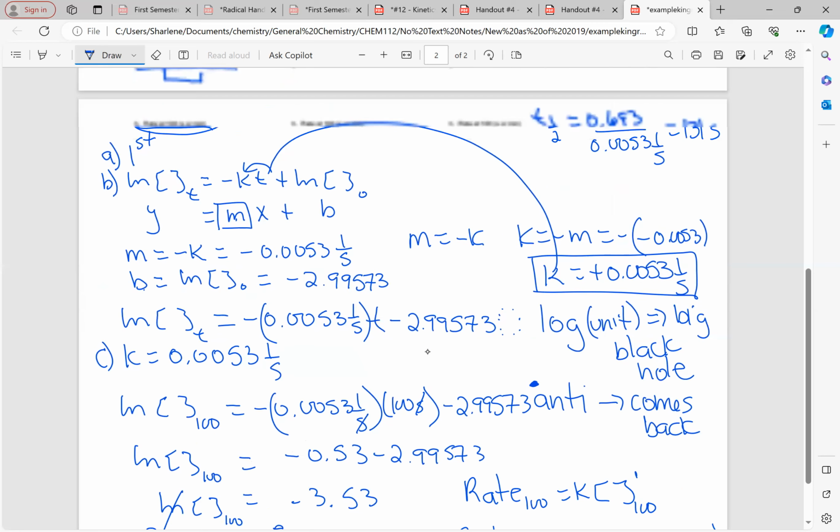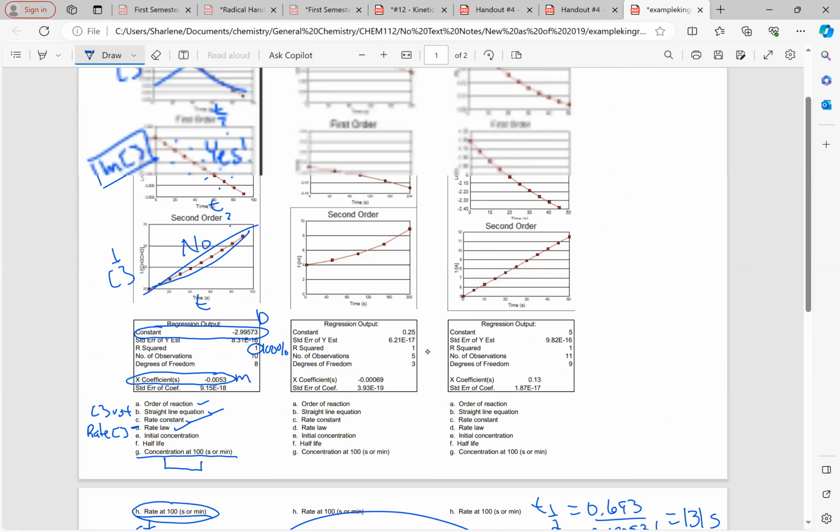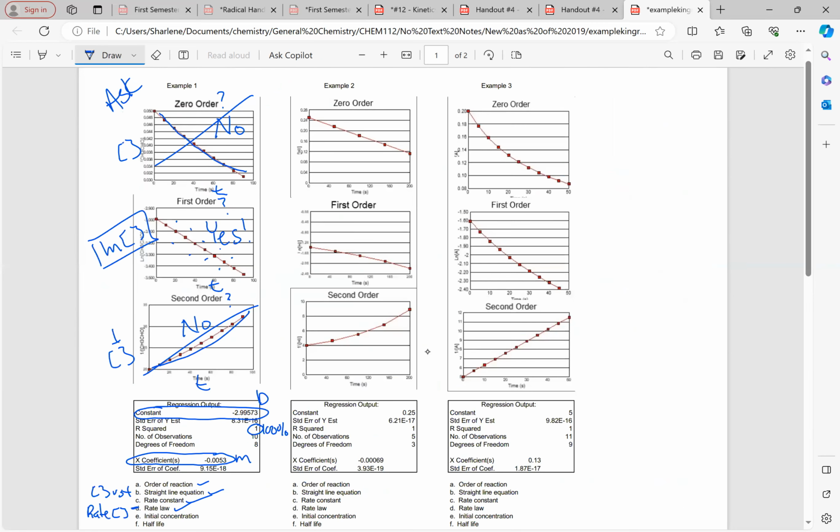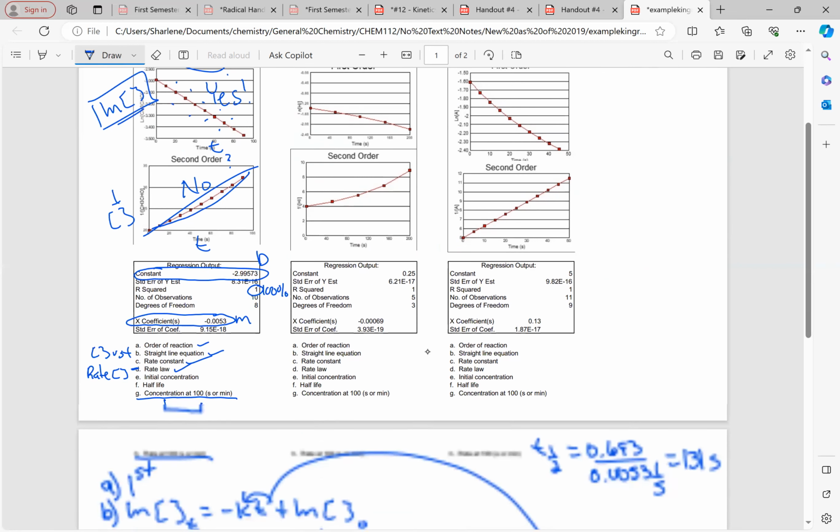Let's recap. The first thing I need to know is, are you zero order, first order, or second order? So I graphed the data, and the one that came out linear happened to be the first order because it was natural log of concentration versus time. I then did the linear regression to find the constant and the slope.